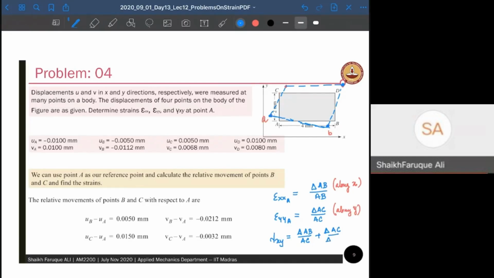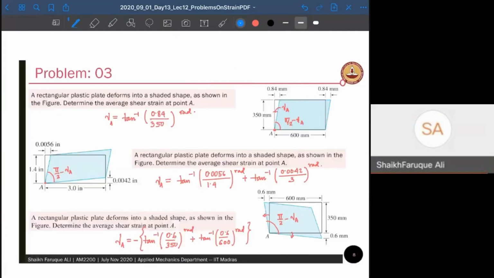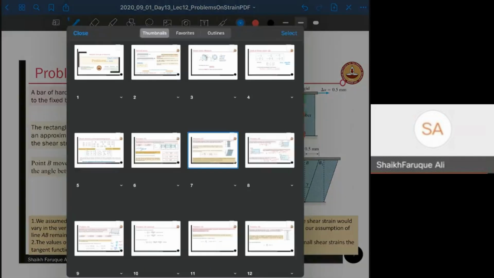No, sorry for that, it's not that. It is delta AB along Y by AB plus delta AC along X by AC. And this is the formula that we found while doing the shear strains.